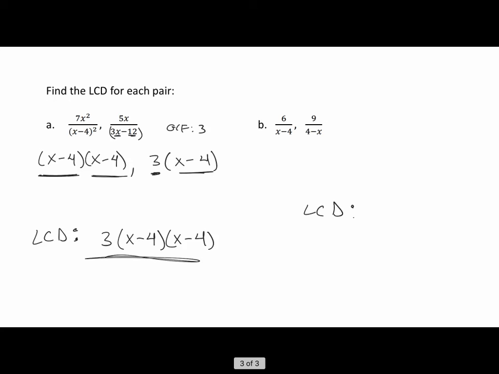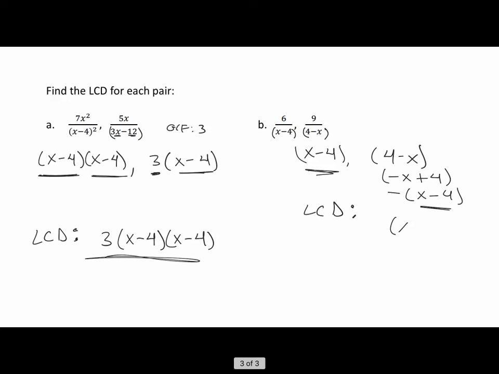Now, example B is interesting. So more than one term, lock them up. And so we have a factor of x minus 4 and a factor of 4 minus x. But if you rearrange these terms so that it's a negative x plus 4, and then you factor out that negative, you'll notice that they both actually are a factor of x minus 4.